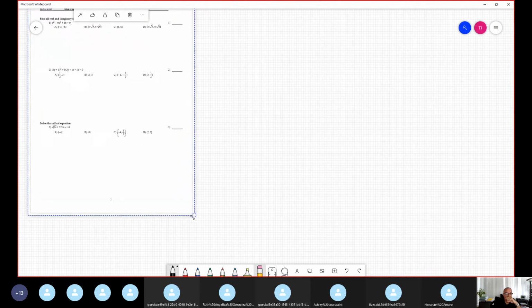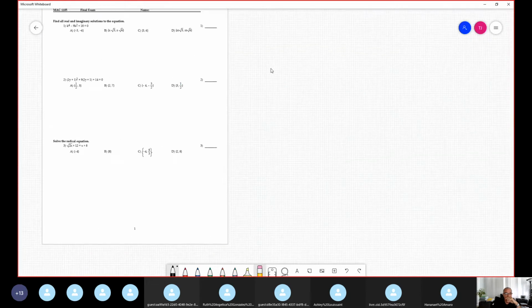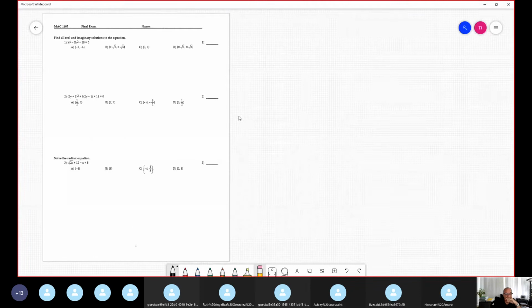Do you see very well or no? Okay, I want to copy. Look, the first question says K to the 4th power, this is number 1, minus 9K squared. I forgot something, guys.